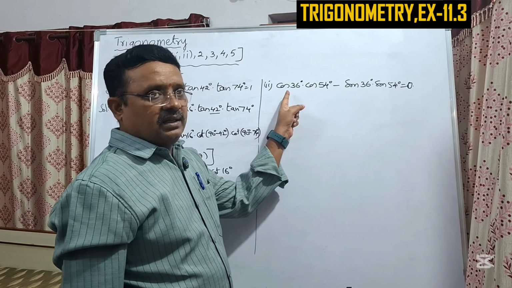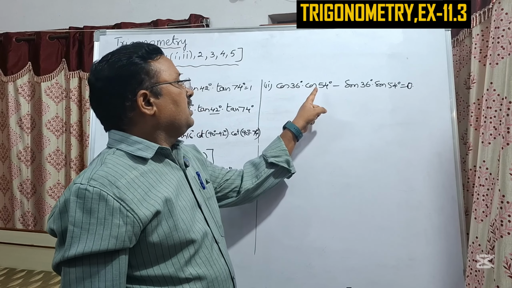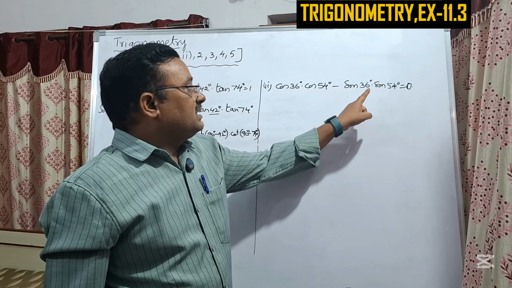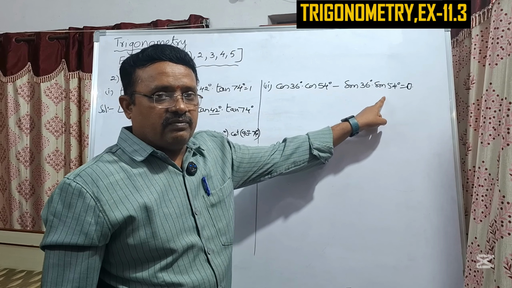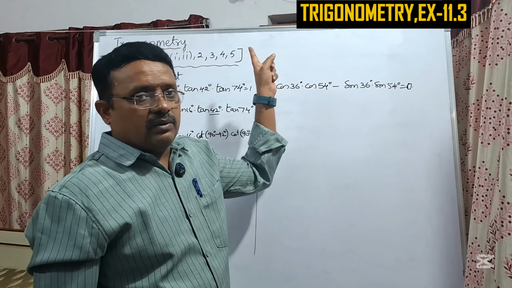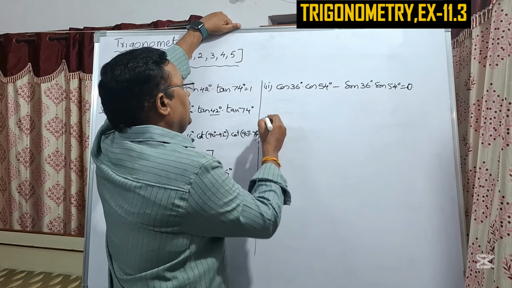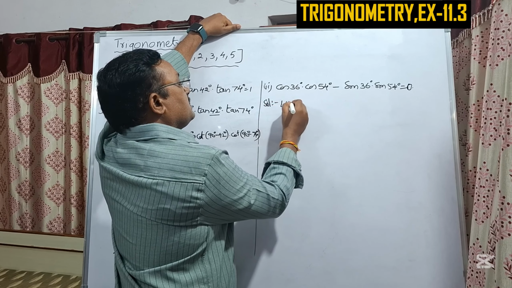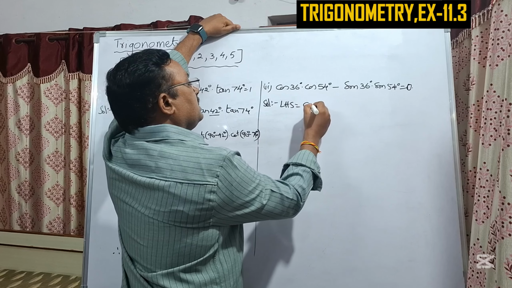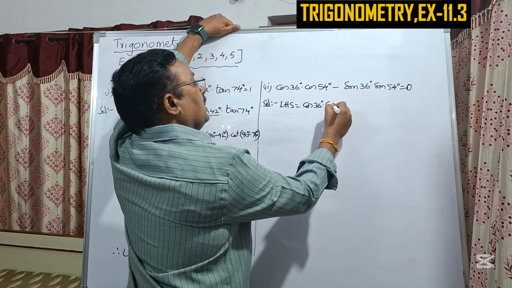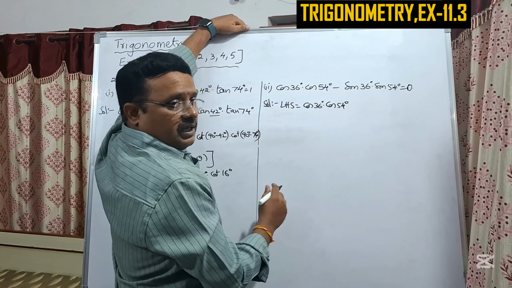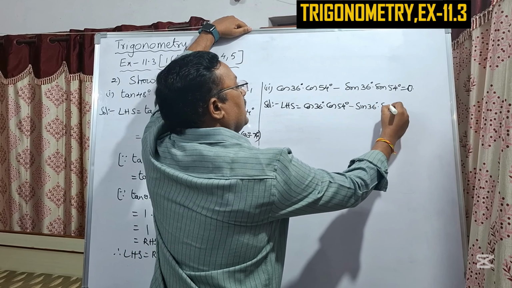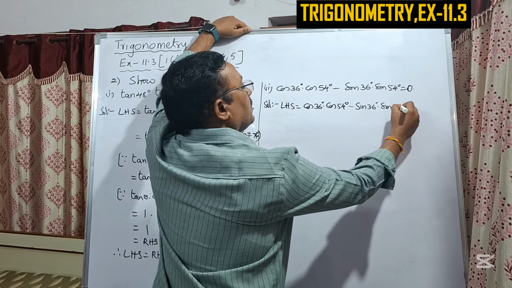What they are saying here: cos 36 degrees into cos 54 degrees minus sin 36 degrees into sin 54 degrees equal to 0, we have to show. So as usual, under solution take LHS. LHS is equal to cos 36 degrees into cos 54 degrees minus sin 36 degrees into sin 54 degrees.